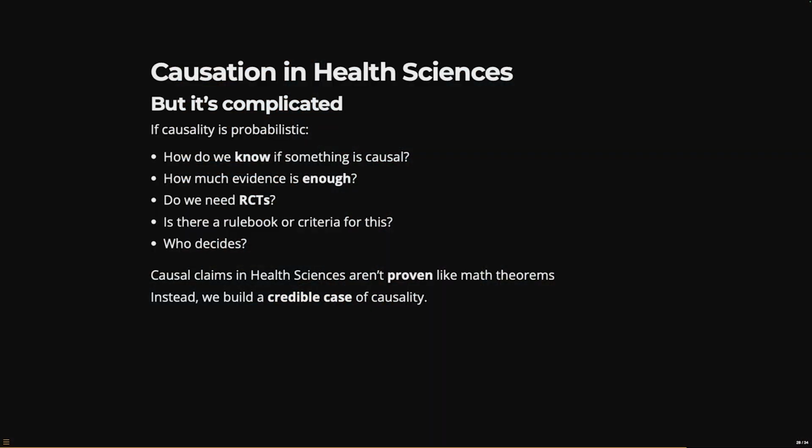So, of course, it's not that simple. It's not like a math theorem that you can prove. You have to build this case, almost like a legal case, where you look at all of the different avenues of evidence.